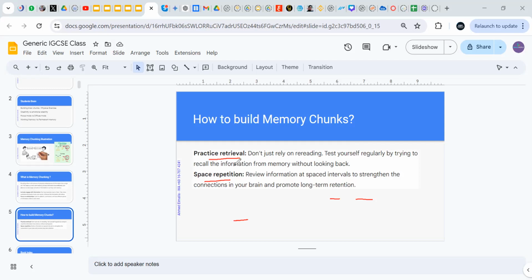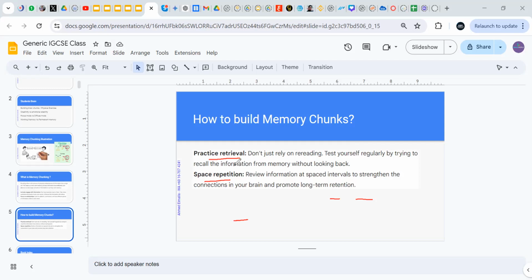Spaced repetition means that every 3, 4, or 5 days, you repeat what you want to keep remembering. That helps your brain a lot, and it gives a message to your brain: this information is important. Do not start the forgetting process, because your brain works this way.